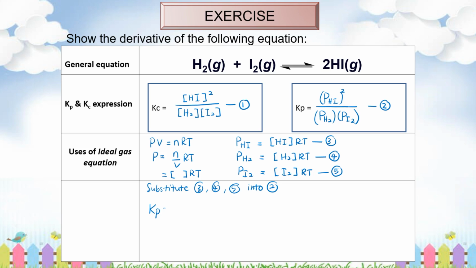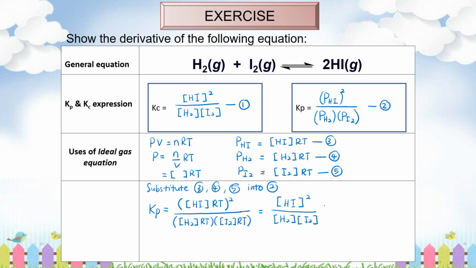So Kp equals ([HI]RT) squared over ([H2]RT) times ([I2]RT). Now we split the concentrations from the RT and factorize RT, giving RT to the power 2 minus 1 plus 1.